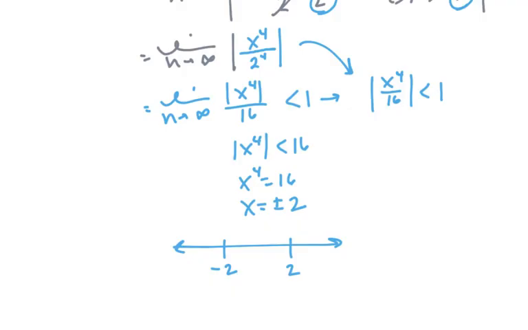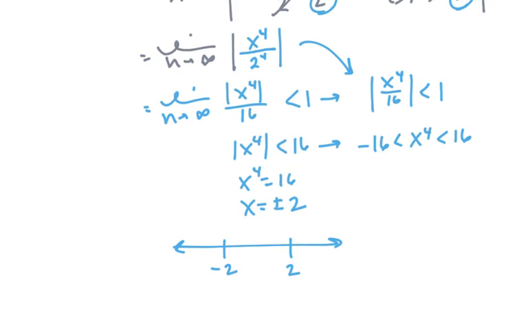We plug these values in. Absolute value of x to the 4th is less than 16. This means that negative 16 is less than x to the 4th, which is less than 16.